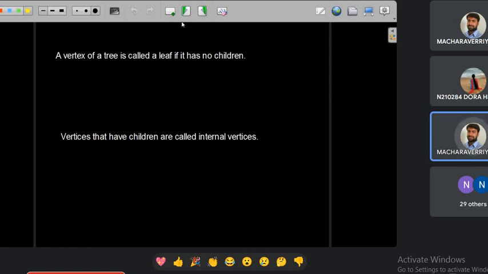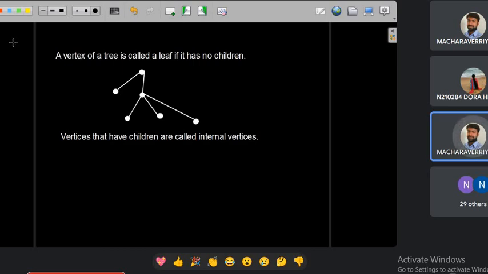The vertices which are not pendant vertices are the vertices that have children in the tree graph, which are called internal vertices. Okay, so let me give an example of a graph. Tell me what are internal vertices and what are leaves.